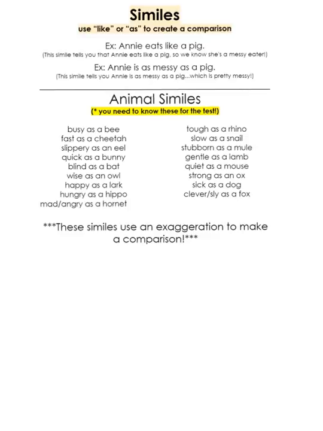Okay, so we have some similes down here that are comparing things to animals. So these similes all use an exaggeration to make a comparison. So an exaggeration is something totally over the top, okay? So if I said, oh, I feel like I've been working for 100 hours. Obviously, I haven't been working for 100 hours. I'm exaggerating, right?